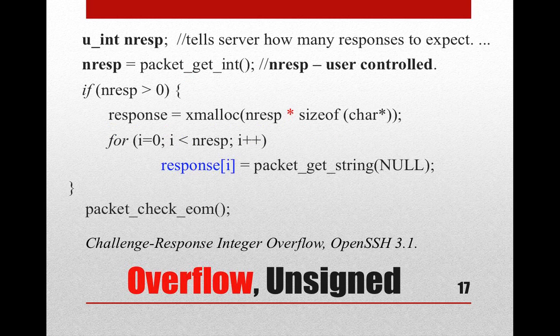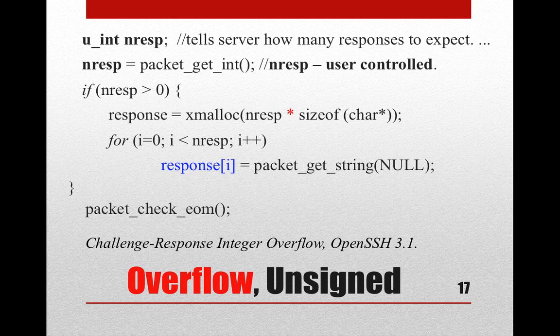The next one is also very similar to that. In line 17, you're building a response array. You allocate the response array and then you fill it in with network data. If users can specify an n response value that's large enough, they can cause a numeric overflow. The result of the multiplication, again, would be a very small number because of the modular arithmetic.